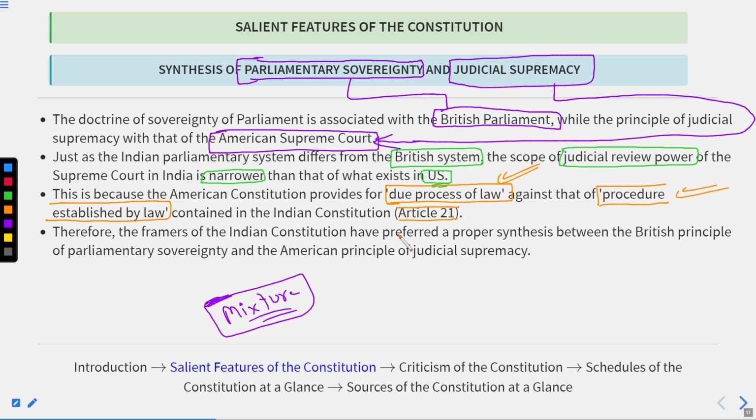So what is the meaning of due process of law and procedure established by law? Let's understand that.